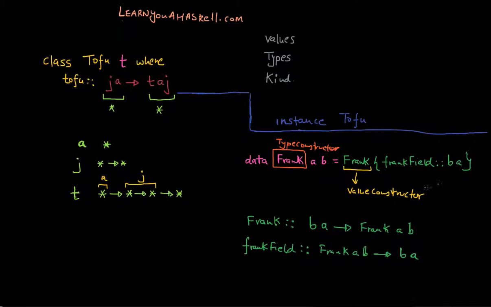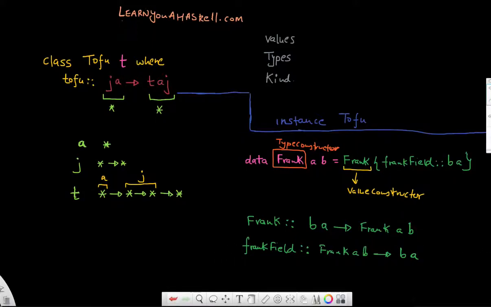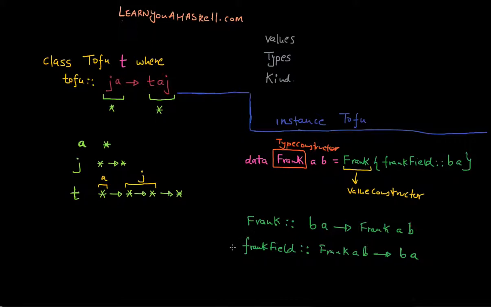Now, given this idea, let's take an example. Let's say I look at this type signature of Frank field and I would like to call the method Frank field. I want to make a transition from this type world, which is in green, over to a value world, and figure out how I'm going to even call this method.